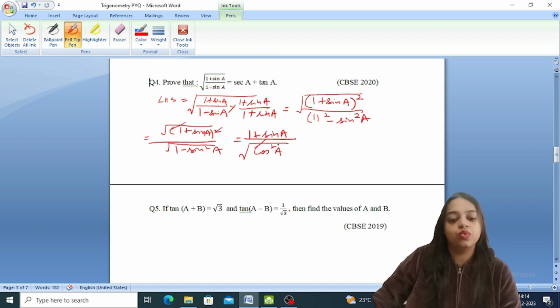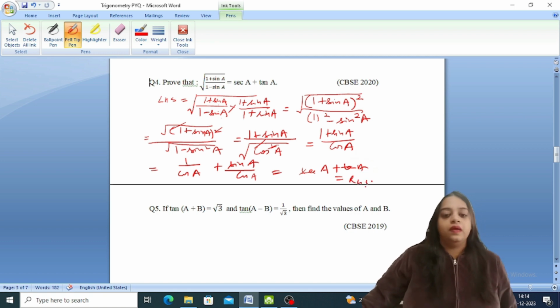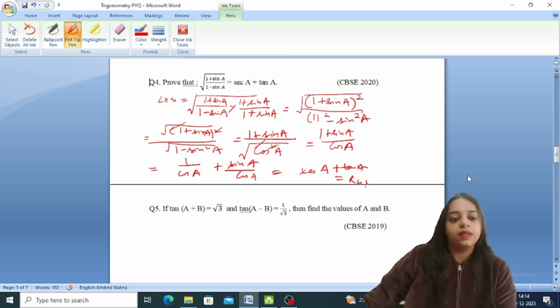Now this root cancels with this square, giving you 1 plus sine a upon cos a. Now separate this cos a over the numerator, which is 1 upon cos a plus sine a upon cos a. So this is secant a plus tan a, which is your RHS. So this completes the proof of this question number 4.